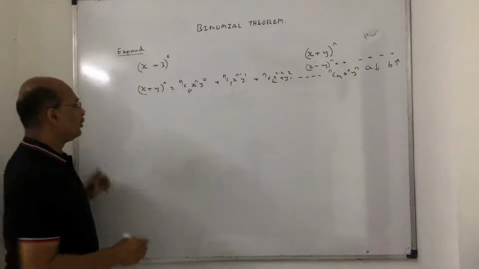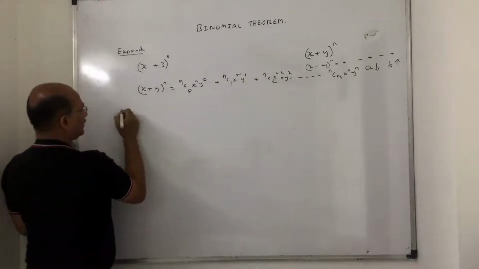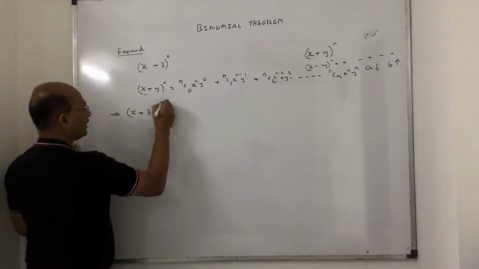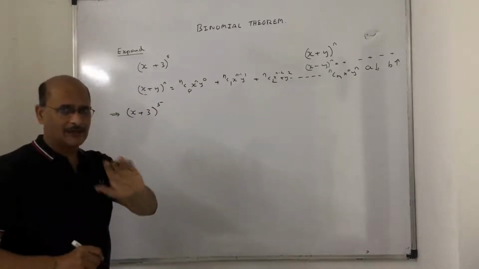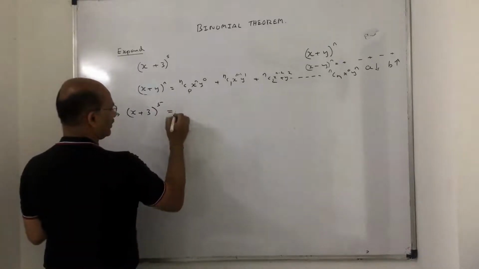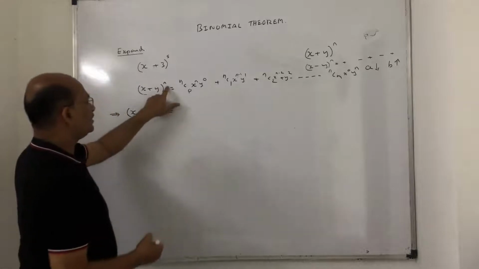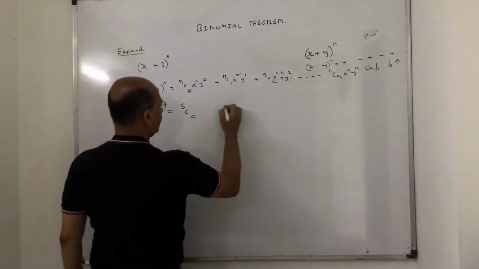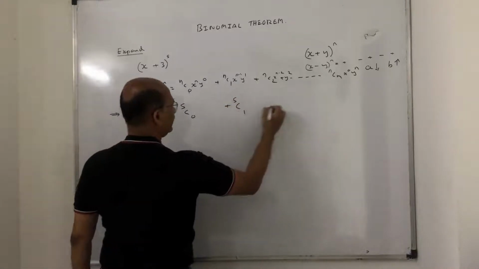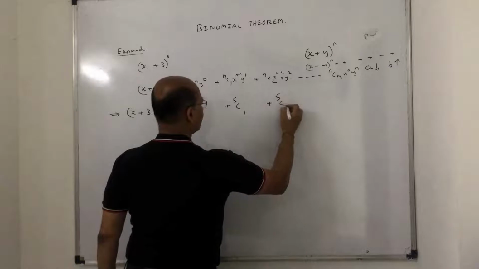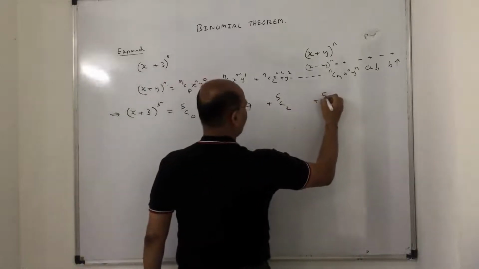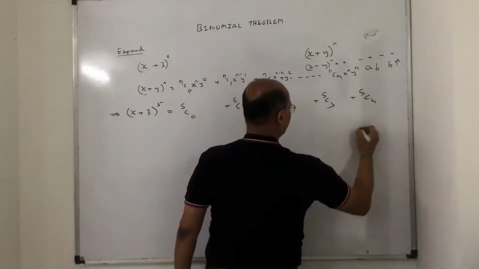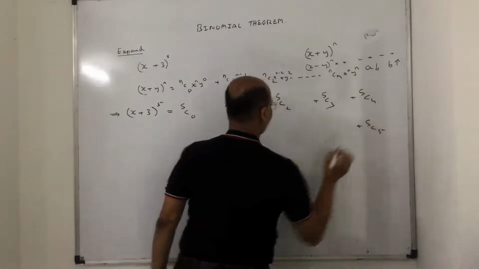Let me help you expand this. So (x + 3) raised to 5, so a total of 6 terms has to be there. Very simple to remember: n stands for 5 over here. So you write 5C0 plus 5C1 plus 5C2 plus 5C3 plus 5C4 plus 5C5.